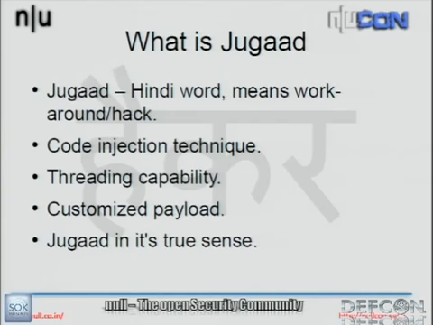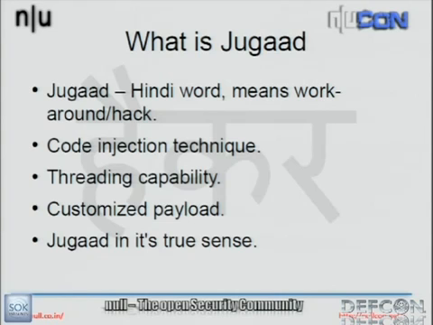Okay, so Jugaad is a Hindi word which means a workaround or a hack. Which is evident from what we have been doing with this library. So it basically gives you a framework wherein you can inject your own customized payload as a thread inside a remote process. So I started looking at it from the point of view of Windows malware.